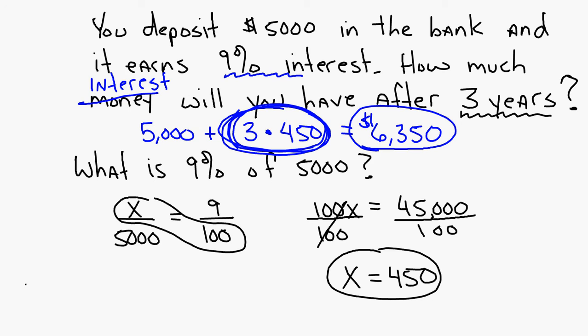That's your interest. So if they change the question and say, how much interest will you have earned after 3 years? Well, that would be 1,350. If they ask how much money will you have, well, then you have to take your initial 5,000 and add the 1,350 of interest to it. Any questions?